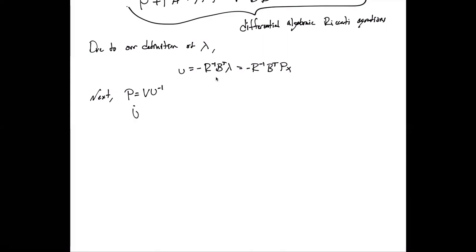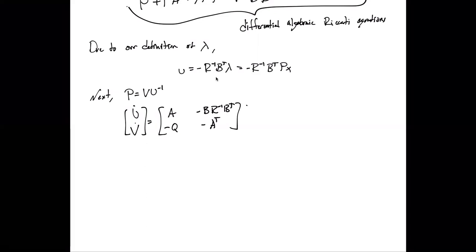U dot and V dot is equal to A, minus B R inverse B transpose, and on the left, negative Q, A transpose, times U and V. Okay. For the case where U at the final time and V at the final time are equal to I and PF.